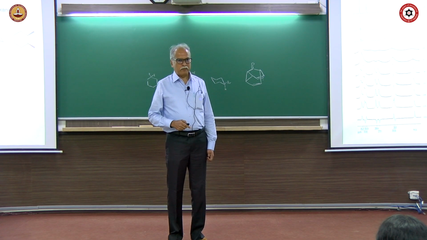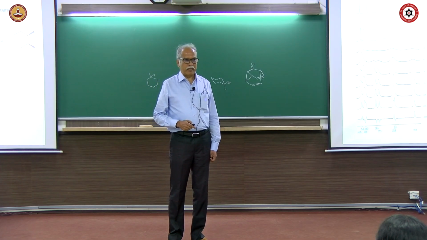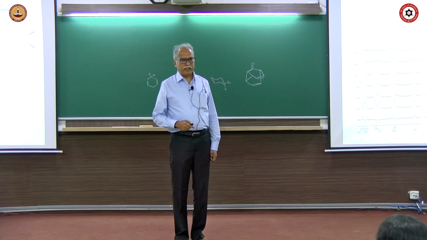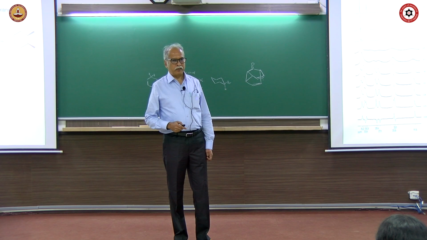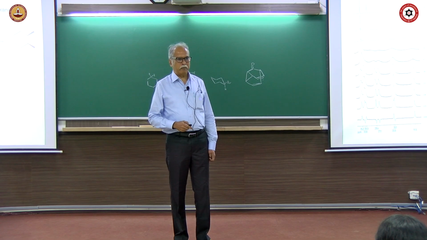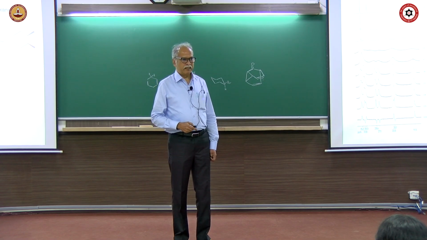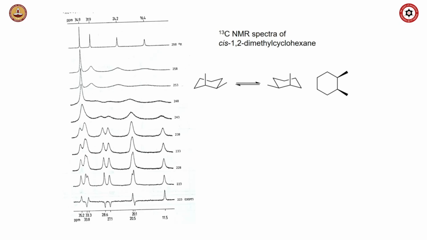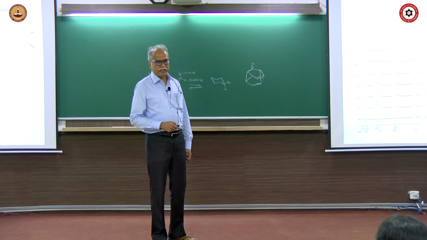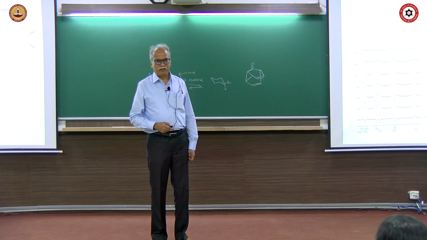Carbon-13 also has a magnetic moment, and it is a spin-half nucleus. So if you have 10 different carbons in 10 different chemical environments, you will get 10 peaks, right? Because this molecule is chiral, it will have all the carbons in different chemical environments. That is the definition of a chiral molecule.